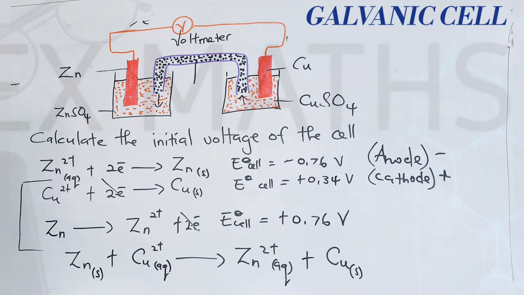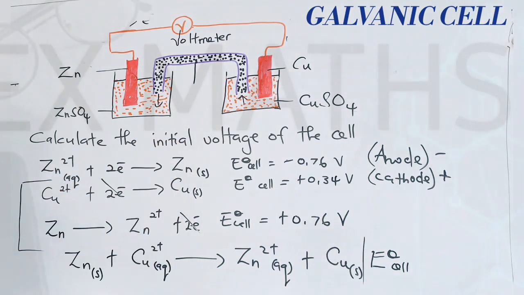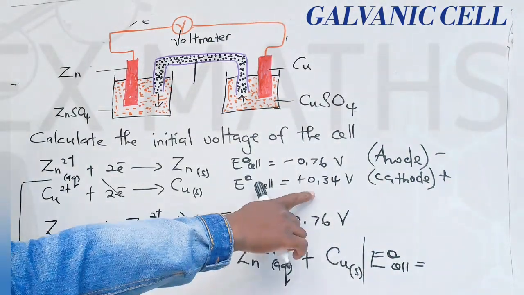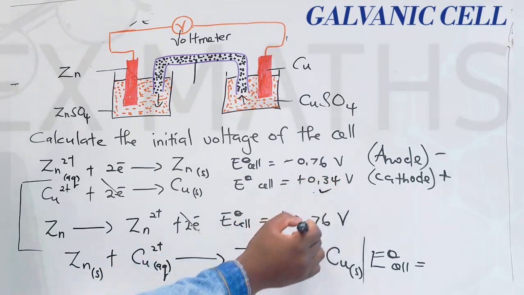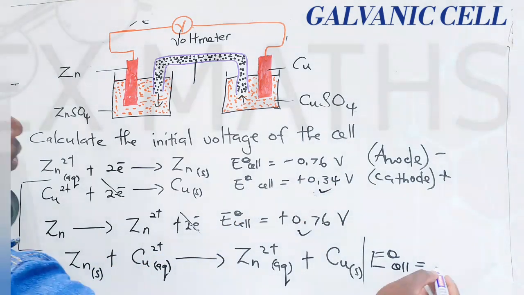In this case, our E cell, which is the initial voltage of the battery, will be equal to 0.34 plus our reversed voltage, which is 0.34 plus 0.76.